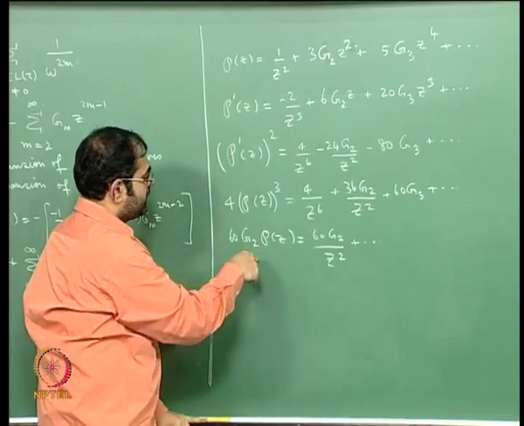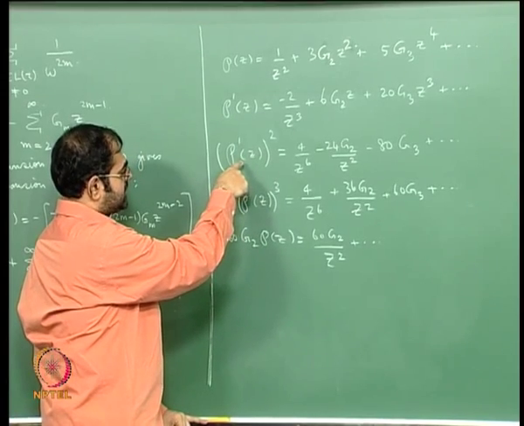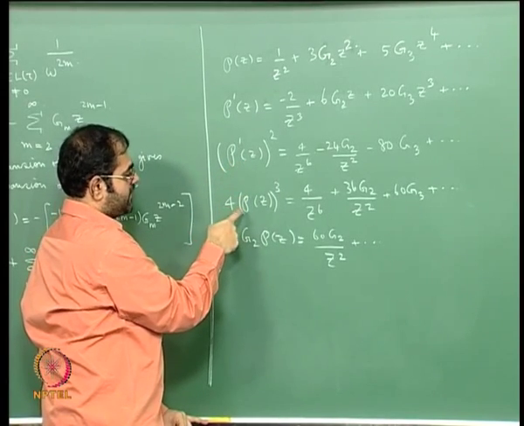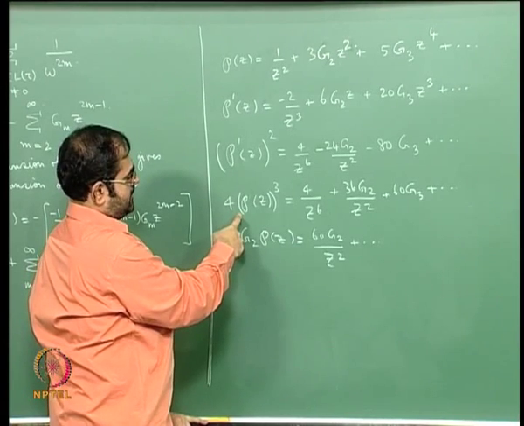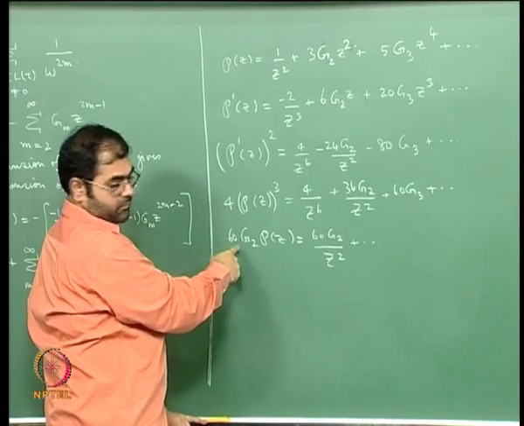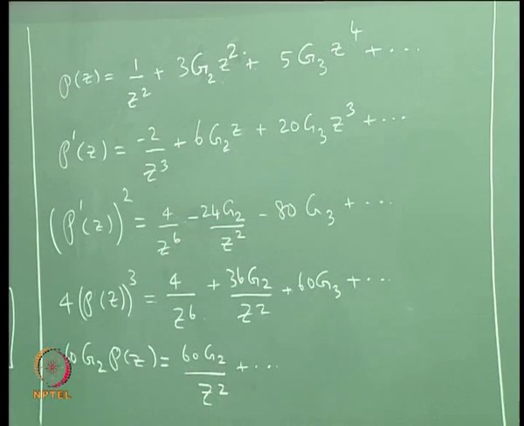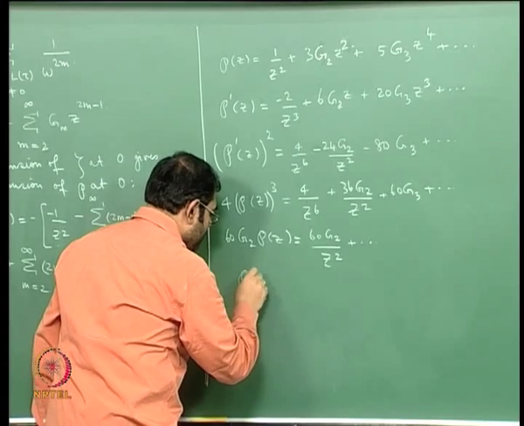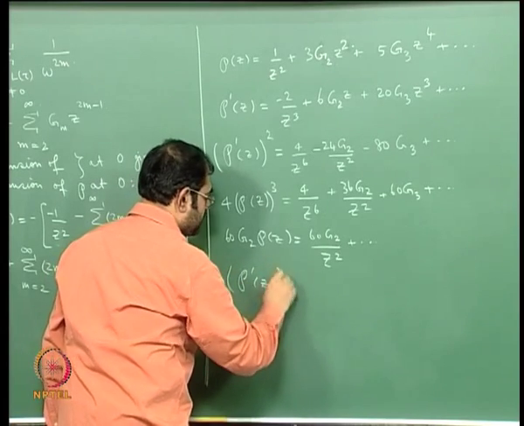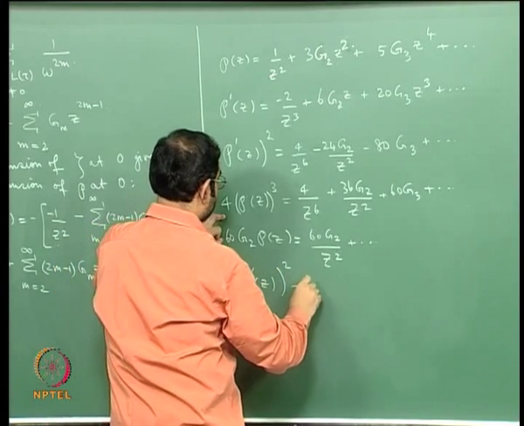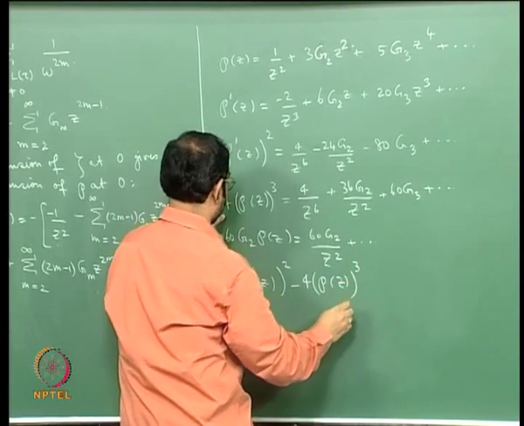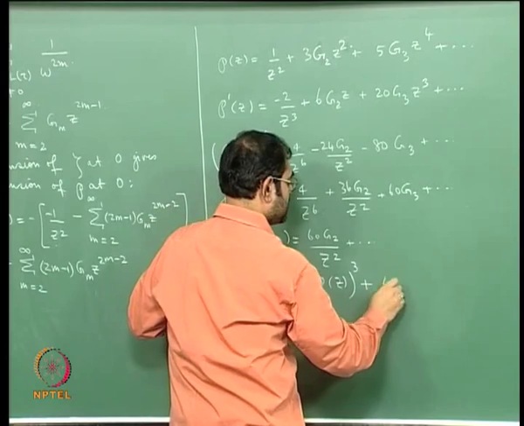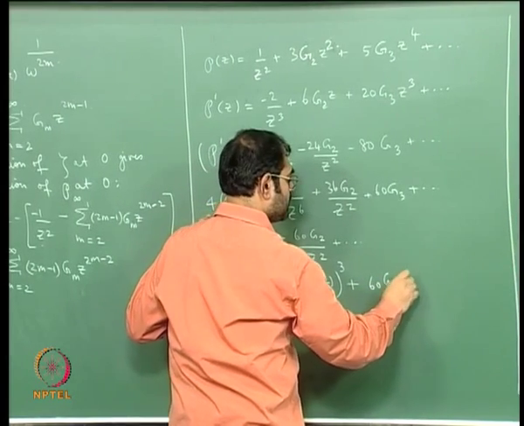Now what I do is, I just take this minus this plus this, so I take p prime z the whole squared minus 4 p of z cube plus 60 g2 p of z.